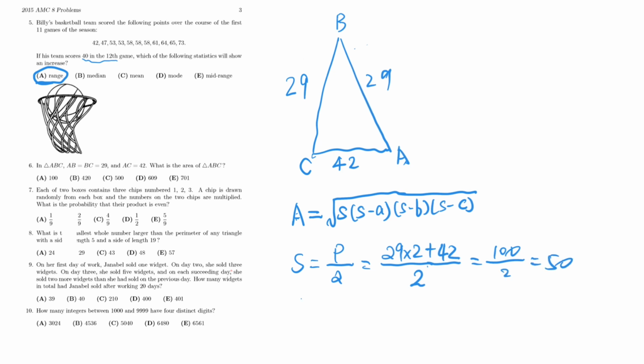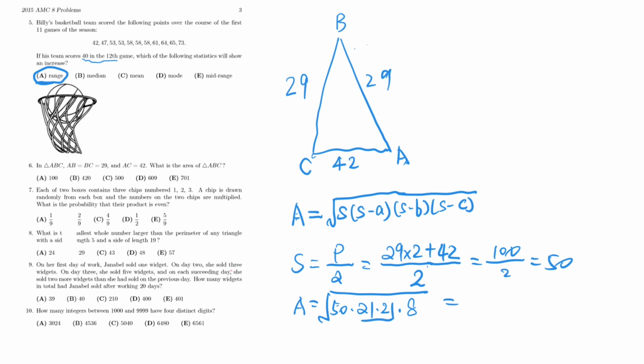That's the semi-perimeter. So area equals the square root of 50 times (50 minus 29), that's 21, times another 21, times (50 minus 42), that's 8.